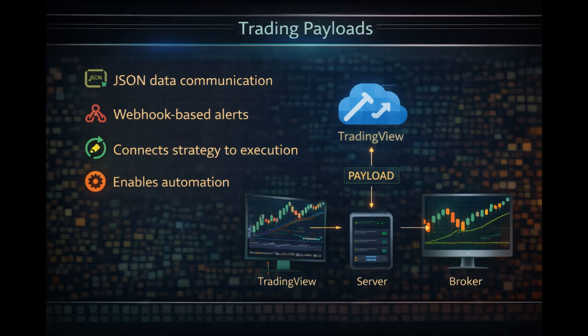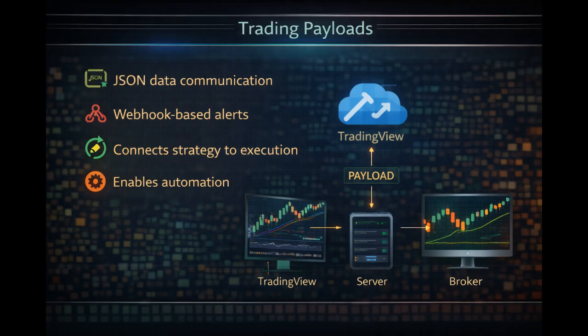Advantages of using payloads in trading automation. Using payloads provides several advantages in automated trading systems. Standardized communication. Payloads provide a consistent structure for transmitting trading signals between systems. Real-time signal delivery. Payloads allow trading signals to be transmitted instantly when alerts occur.